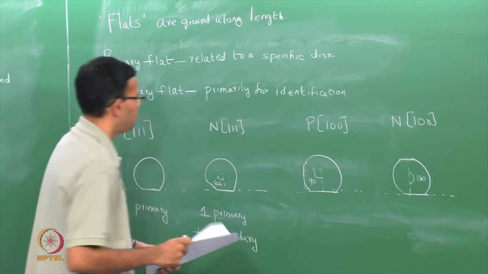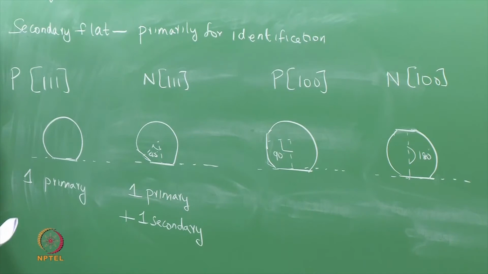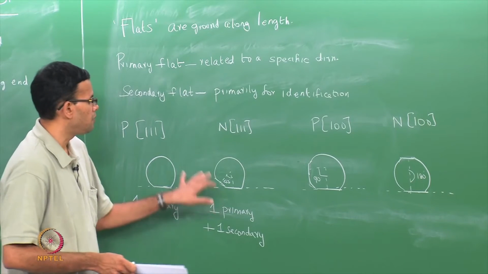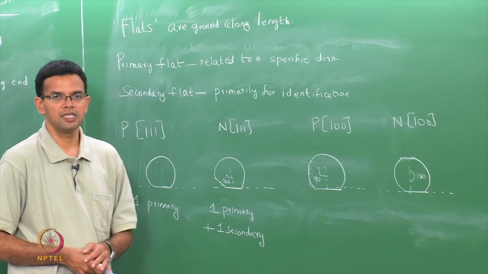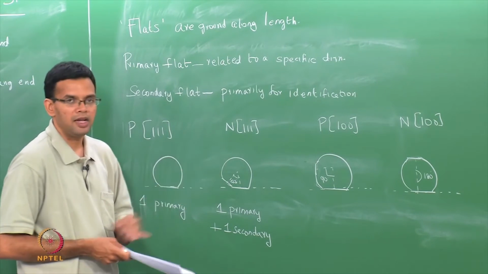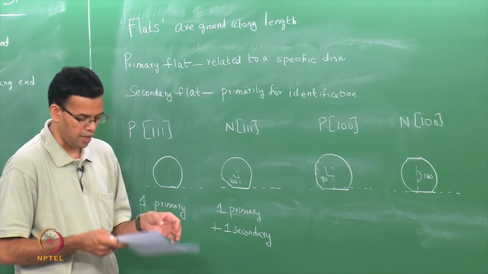So, the function of the flat is to mark the major crystallography direction and also as a way of sorting out different wafers. Rather than having to measure resistivity, just by looking at the orientation of the flats, it is possible to say whether you have a p type or an n type, or whether you have 100 or 111 kind of wafers.